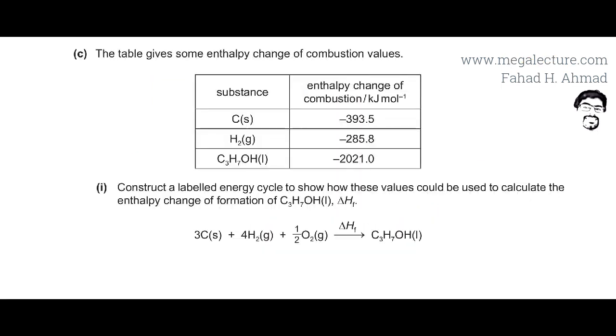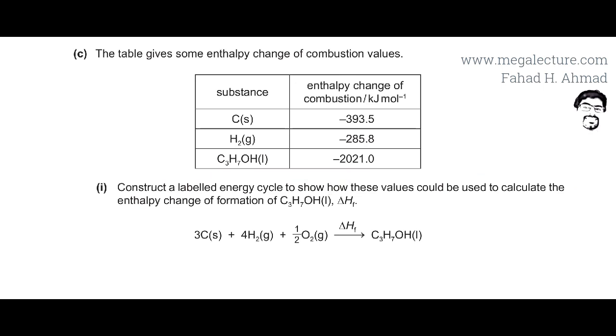Now the next part of the question, part C, says the table gives some enthalpy change of combustion values. So the standard enthalpy change of combustion values are given for the following substances: carbon, hydrogen, and propanol. Now construct a labeled energy cycle to show how these values could be used to calculate the enthalpy change of formation of C3H7OH.